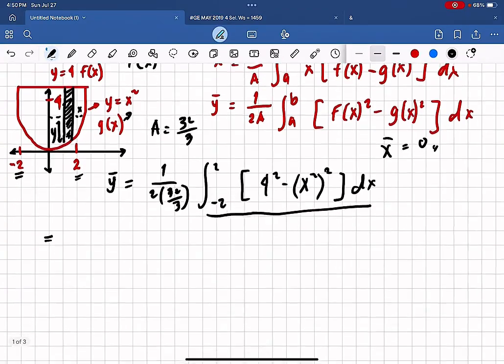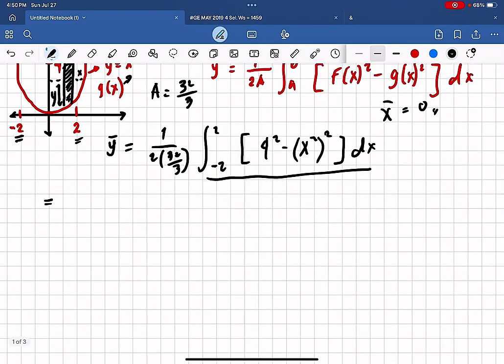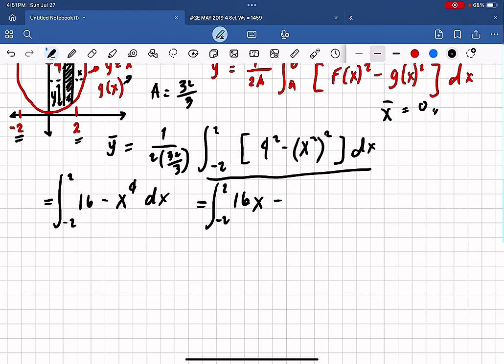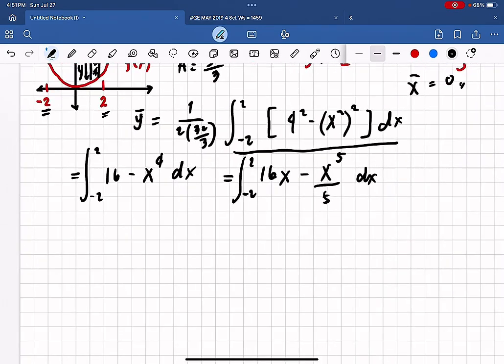So 4 squared is 16. So x squared raised to 2 can give us x raised to 4 dx. And now let's integrate this, from negative 2 to 2. So 16 will become 16x minus, use the power rule for this x raised to 4, so this will become x raised to 5 over 5. Then substitute the value of limits in this problem.